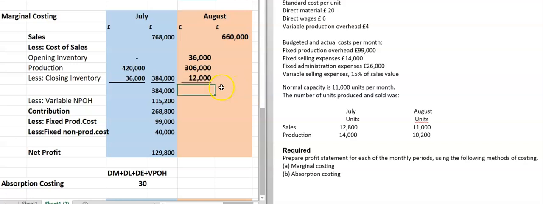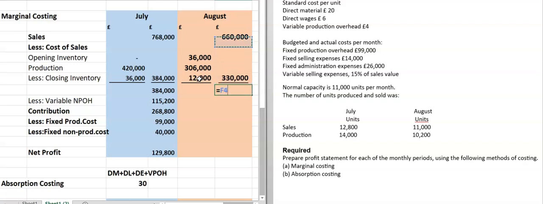Okay, so 12,000. So if you just get the sum of this, that will be opening inventory plus production minus closing inventory. So you get 330,000.